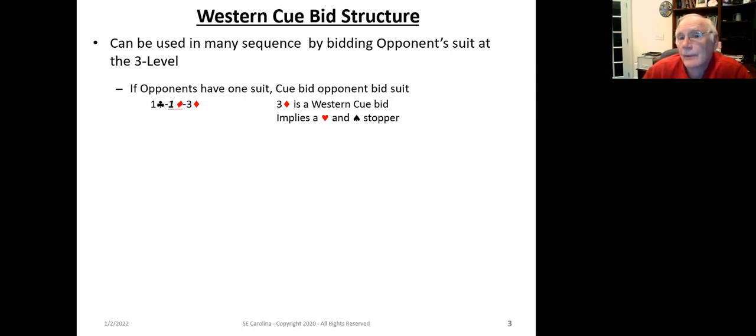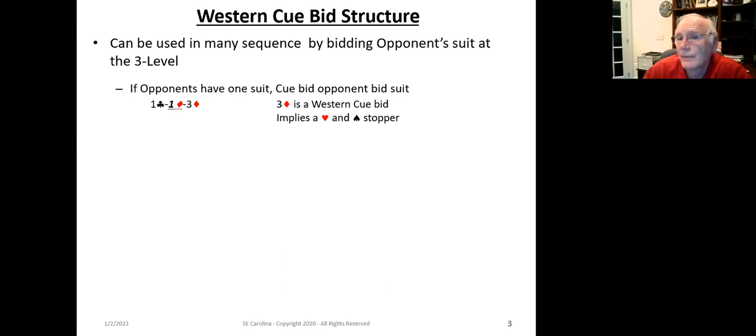So you say, well, we've got a really great chance for no trump if my partner has a blocker in diamonds. So you bid three diamonds. Three diamonds, the Western cuebid, says, hey, partner, do you have a blocker in diamonds? It implies that you have a blocker in hearts and spades.